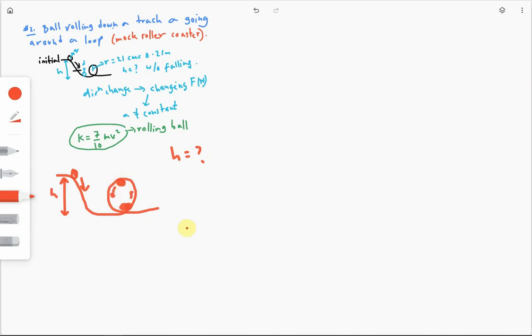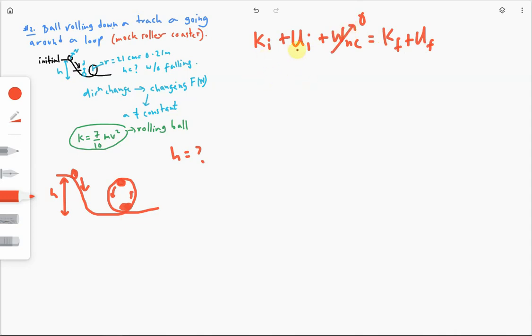Let's write down our work energy theorem. It is Ki plus Ui plus any work done by non-conservative forces equal to Kf plus Uf. Again, in this case, we are asked to ignore friction, so this is 0. No work is done by friction if there isn't any.